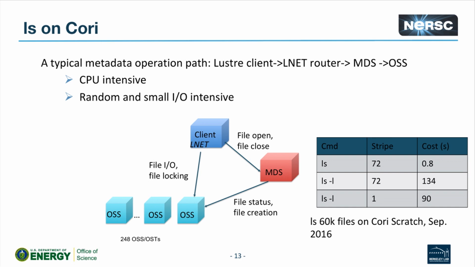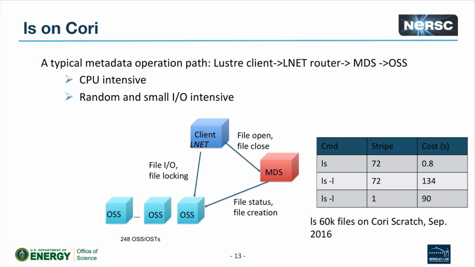That's for a single query, and you have 60,000 queries. But if you set the stripe count to 1, it will just go through the LNet router, the metadata server, and 1 storage server. So the query can be returned relatively faster.